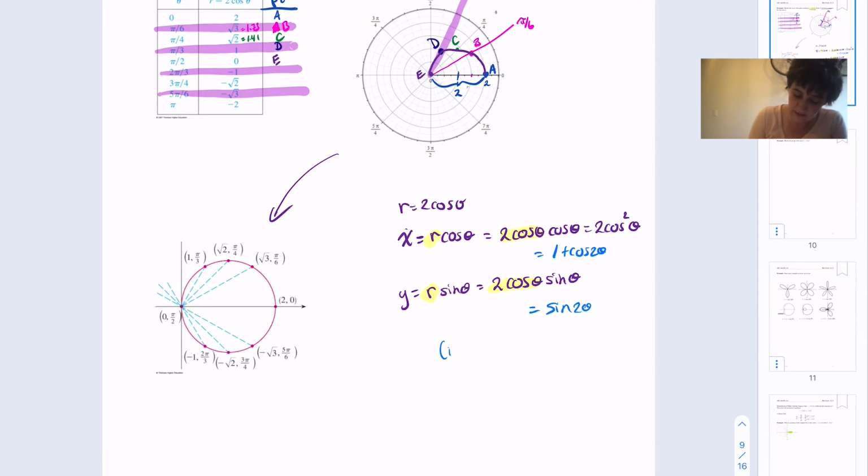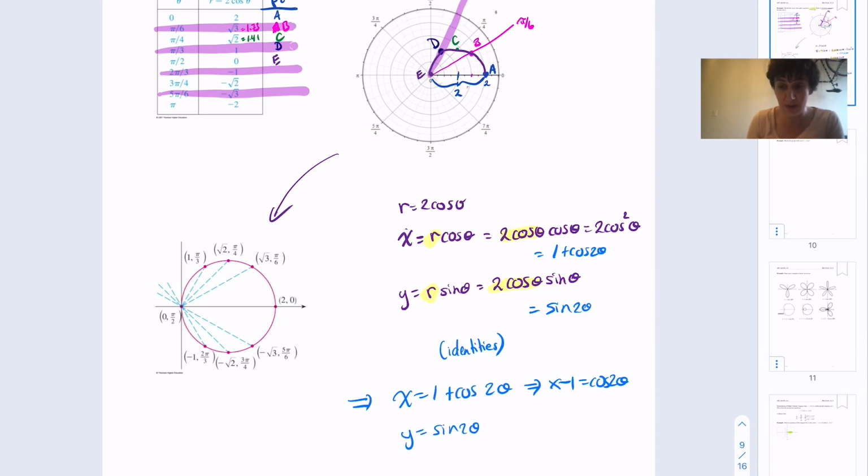These are identities. Okay, and what does that tell us? Well, x is equal to 1 plus cos 2 theta. So x minus 1 is equal to cos 2 theta. y is equal to sine 2 theta.